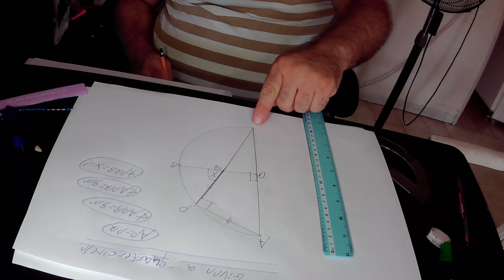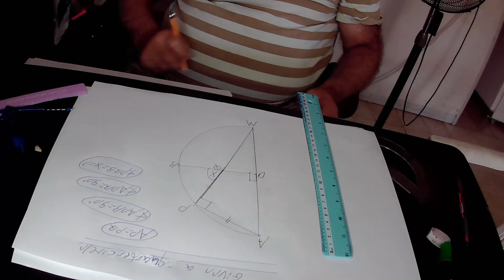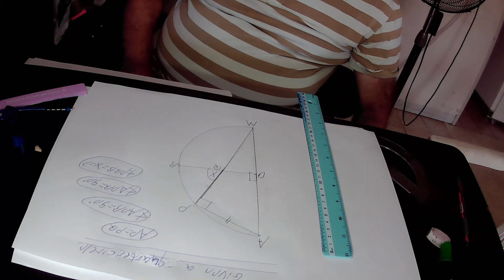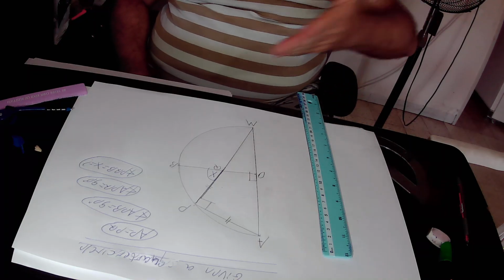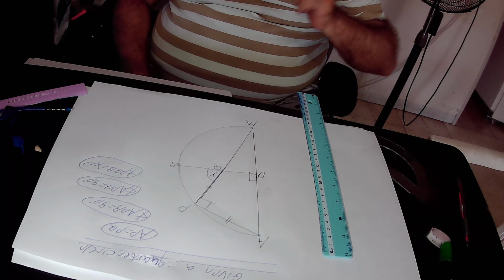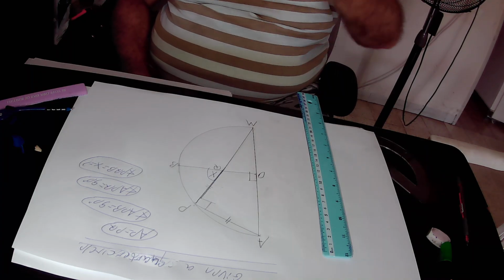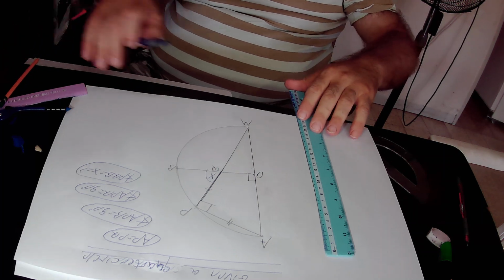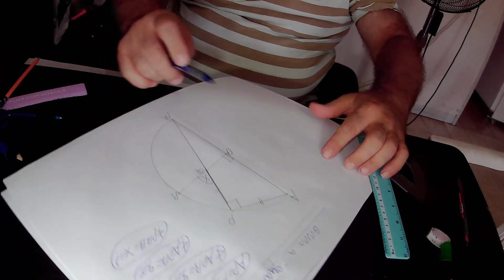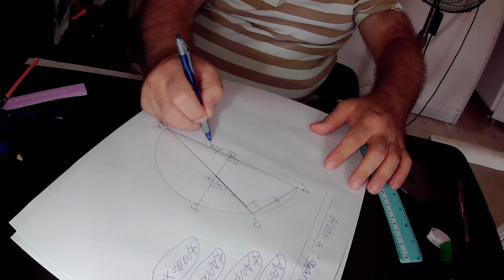Define this point as point M. So we completed the quarter circle to a semicircle, and therefore AM is the diameter of the semicircle according to our construction. Write it down. AM is the diameter of the semicircle.